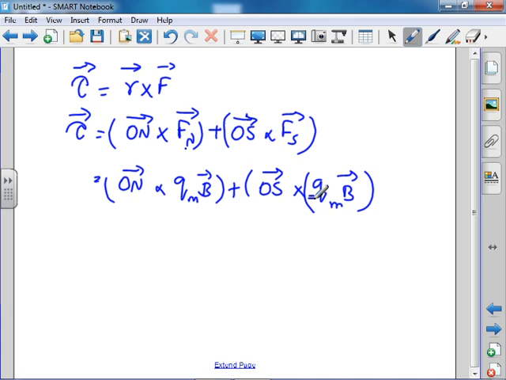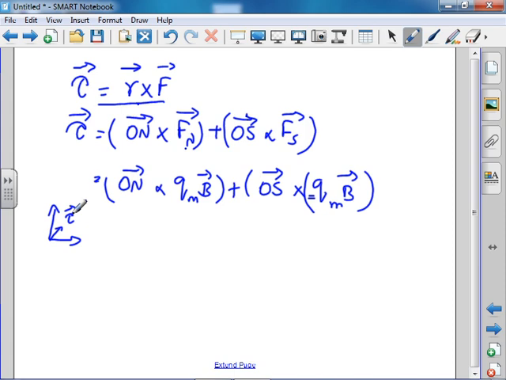And from the corkscrew rule, here it is a cross product of two vectors, is it not? So the resultant is always perpendicular to both R vector and F vector. If R and F are acting in this direction, perpendicular to each other, then tau vector acts into the paper.